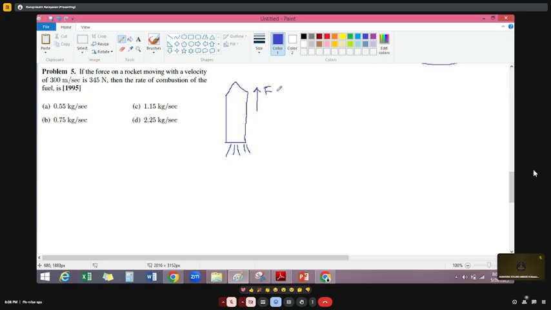So F is here, mg is down, and it is moving with the velocity v equal to 300 meters per second. Rate of combustion, so I think it will be like F minus, I didn't give the acceleration.